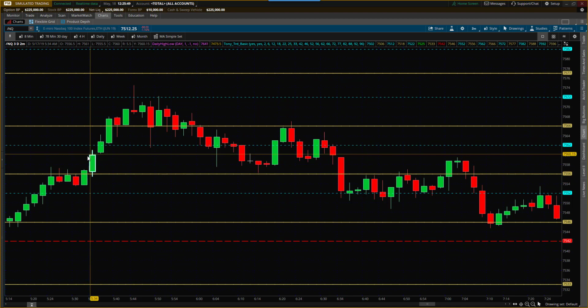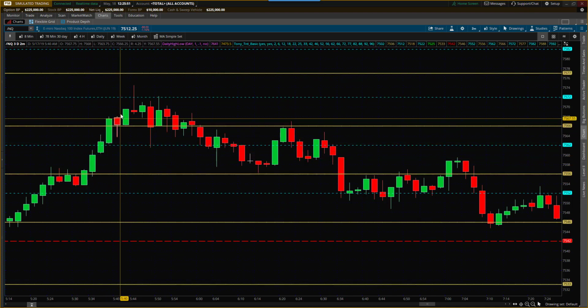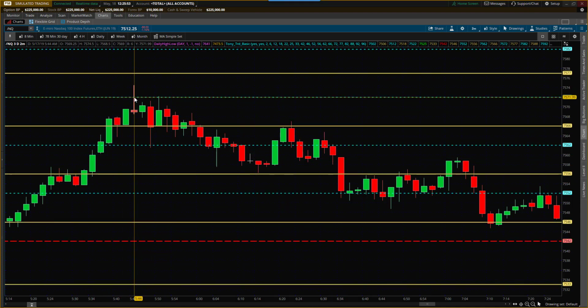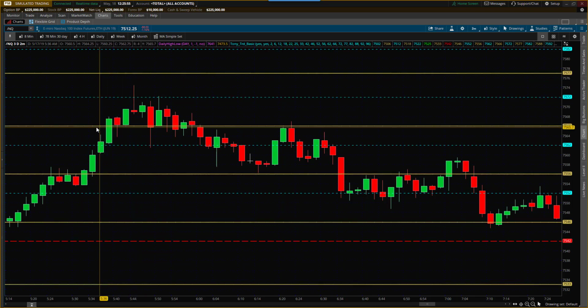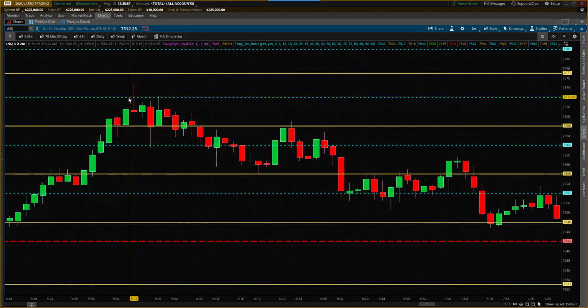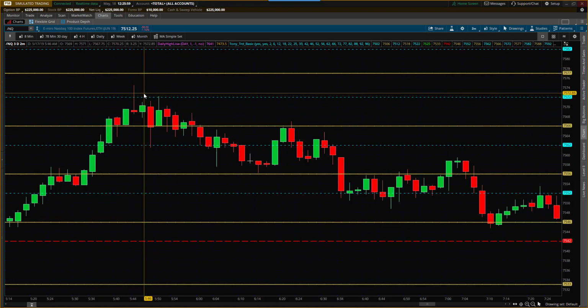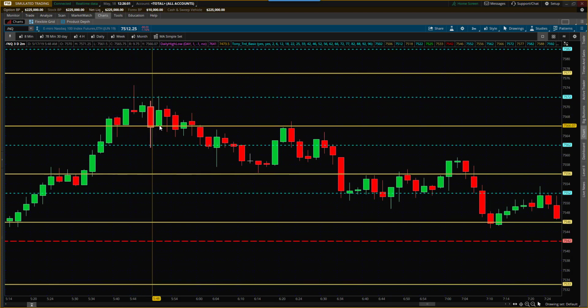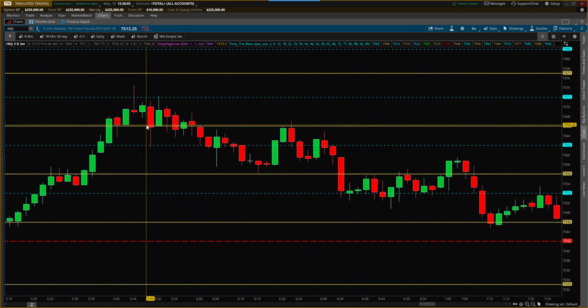So if we were in this trade and price had come up here, say we took a trade from this point, took our risk out here, ended up getting stopped out, saw the price action take another run, right?